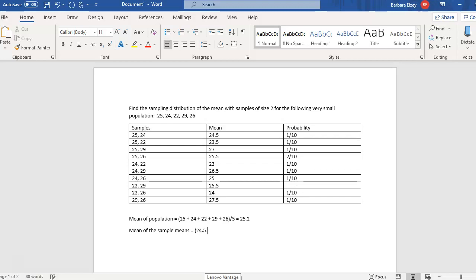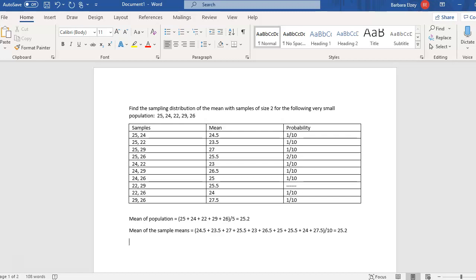So if I average together all of these, all 10 of them, and of course we're going to divide by 10 since there are 10 of them, I get again 25.2.